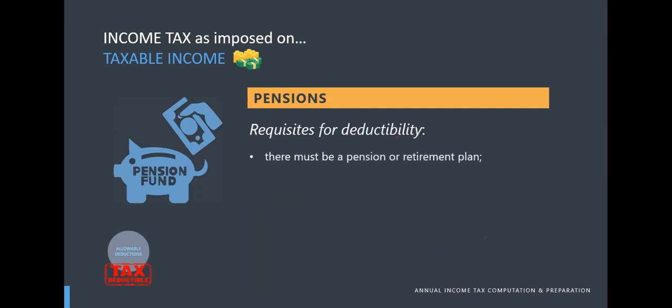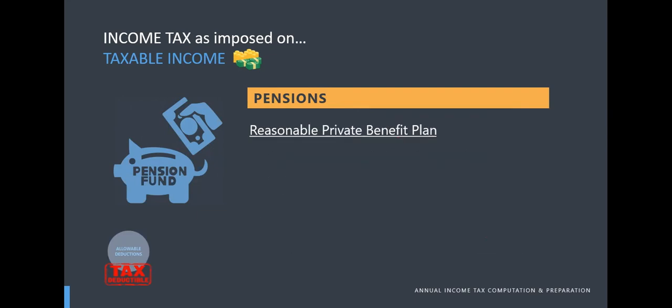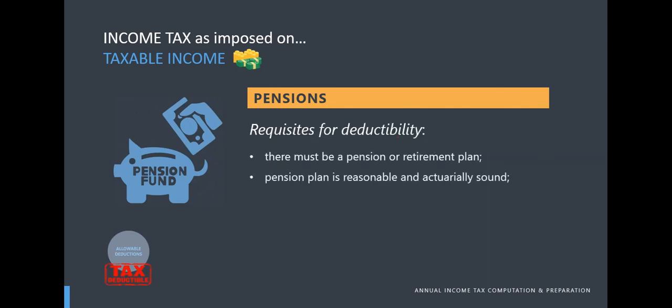Requisites for the deductibility of pensions or retirement benefit. There must be a pension or retirement plan. In the absence of a retirement plan, RA 7641 will be in place.